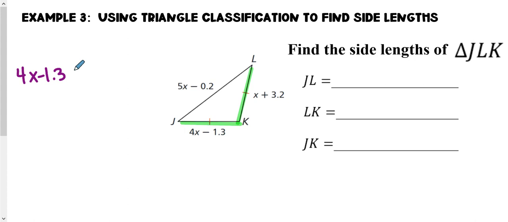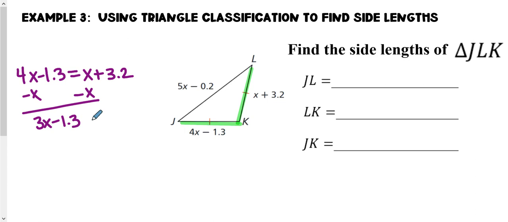So 4x minus 1.3 equals x plus 3.2. We're setting JK equal to KL, and then we can solve for x. So subtract x from both sides. So I get 3x minus 1.3 equals 3.2.